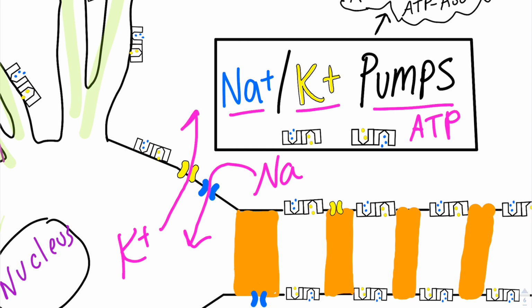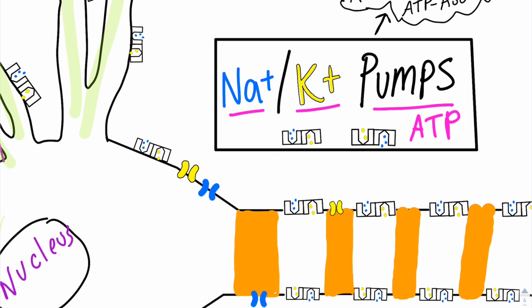There's more potassium here, so it's going to where there's less potassium out here. There's more sodium here, so it's going to where there's less sodium in here. That's what it's doing all the time. So because that's doing that all the time, I'm going to delete that for a moment. You need these sodium potassium pumps pumping all the time.